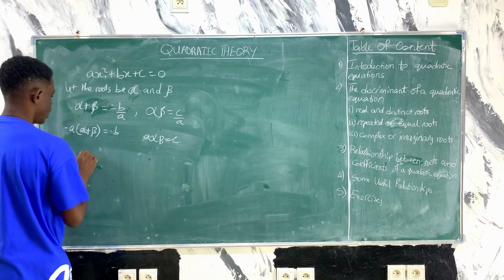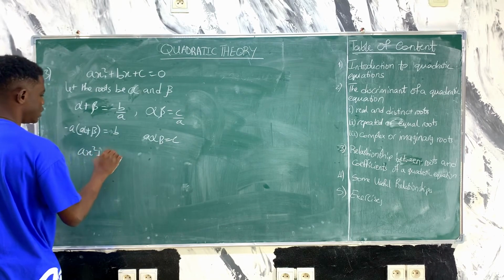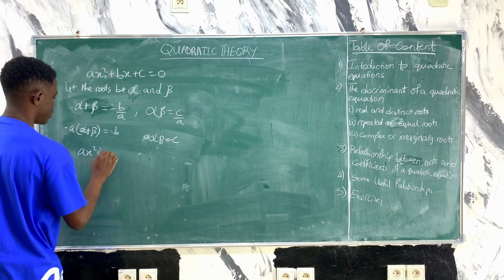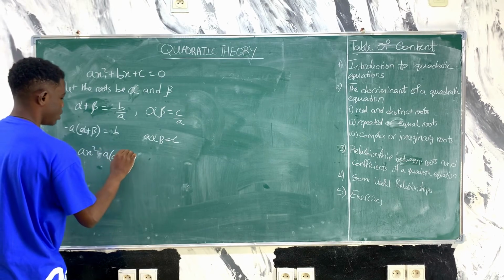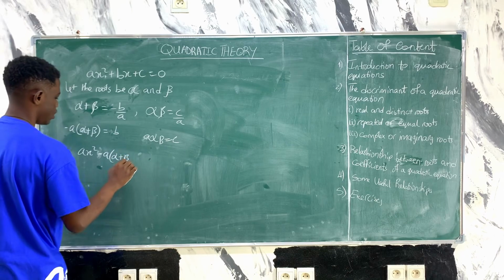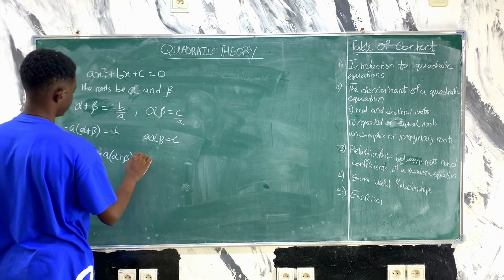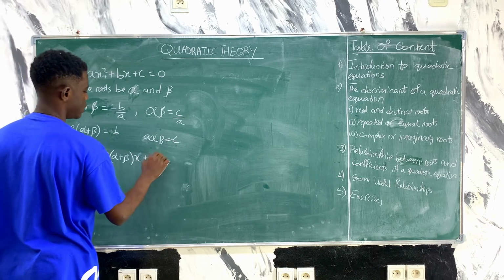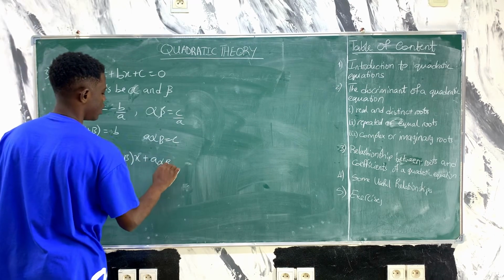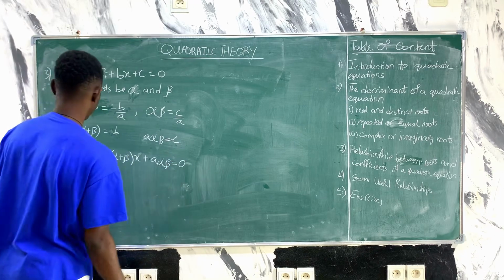Then we can replace it here and check if our formula was correct. We have a x squared plus b, which is minus a into alpha plus beta, x plus c, which is a alpha beta, equal to 0.